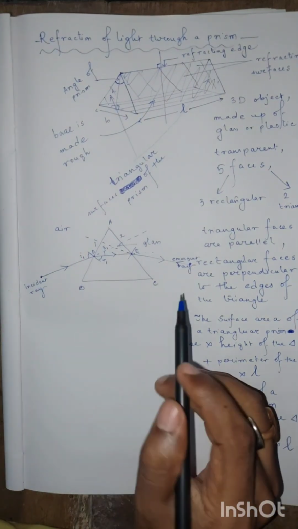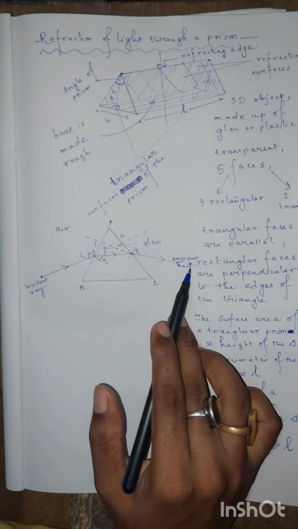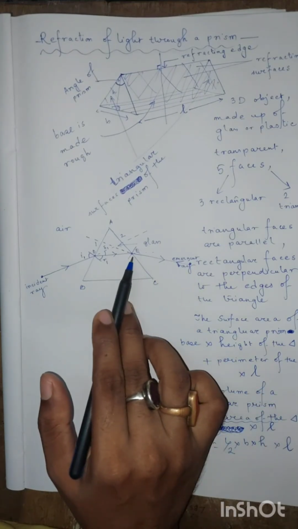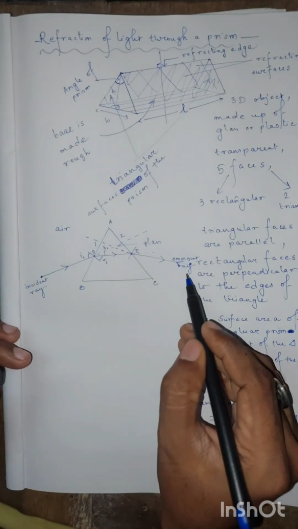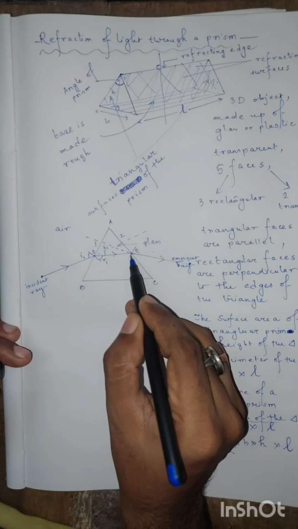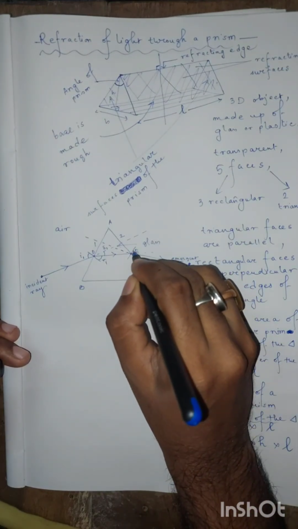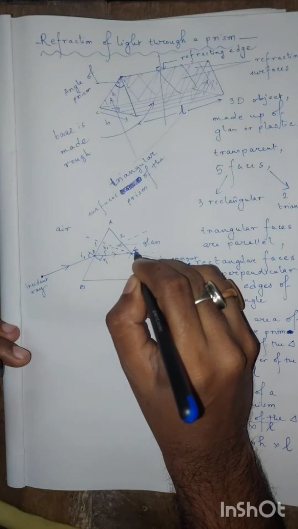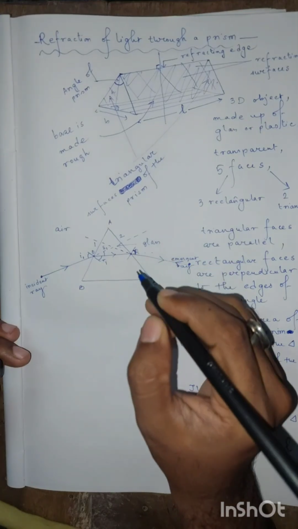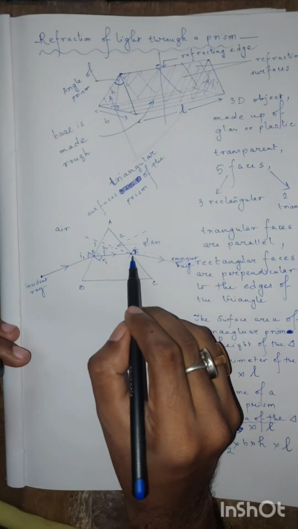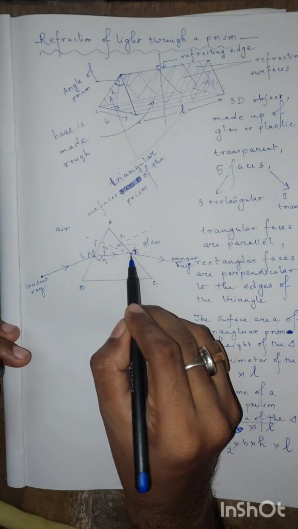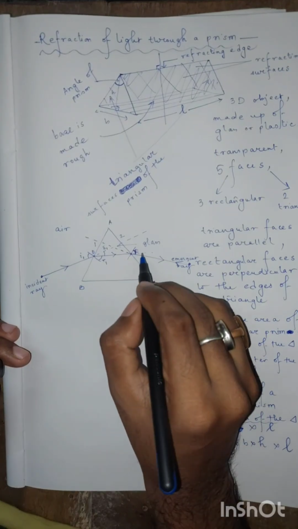Now let us send the light from the opposite direction. If we send the light from the opposite direction, E is the point of incidence, and this is our angle of incidence.